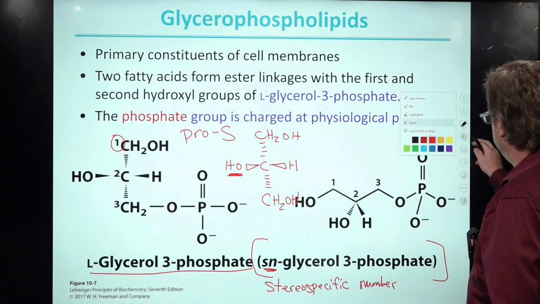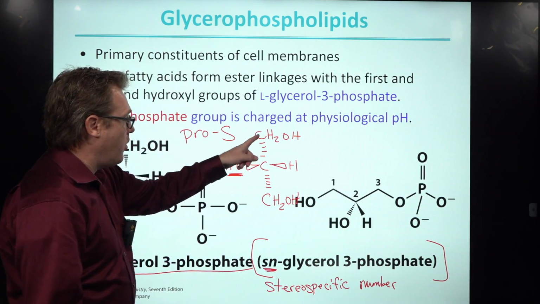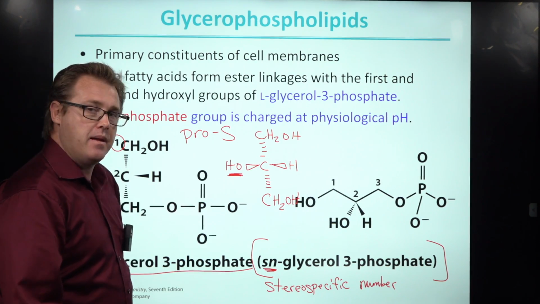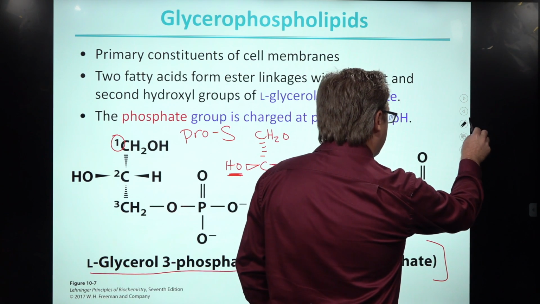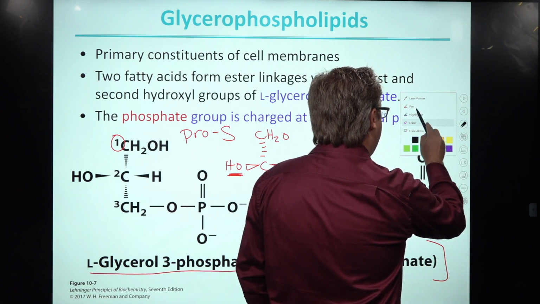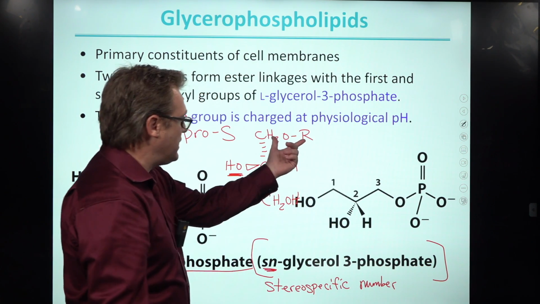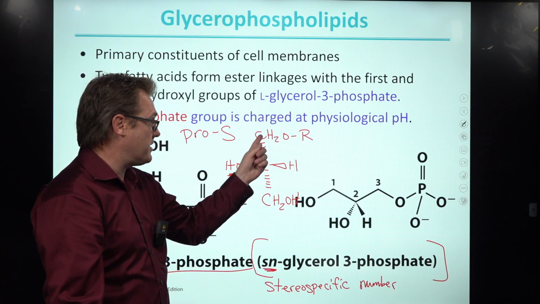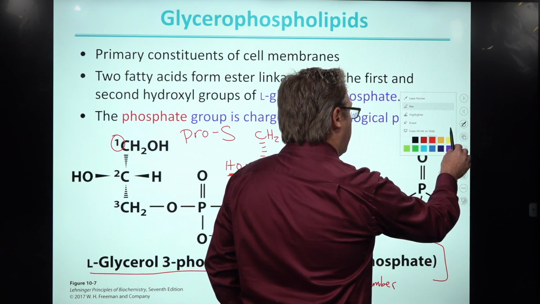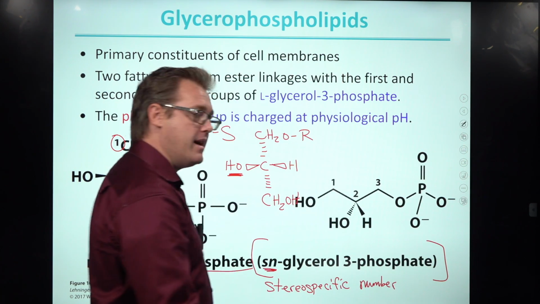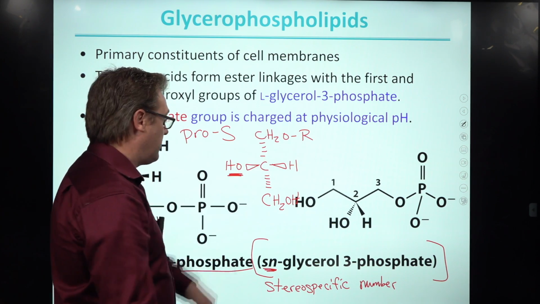So if we look at an example here, how do I know this is the pro-S arm? Because if I erase that hydrogen right there and attach a different group, that's going to make this carbon the higher priority when we figure out if the stereocenter is R or S. So we've attached something to this carbon to give it a higher priority.